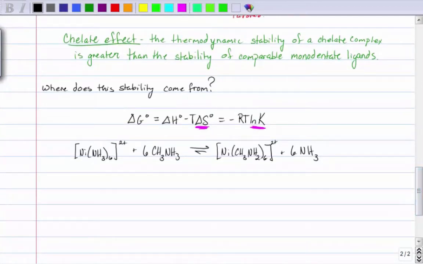How can you tell the entropy of either side? Do you remember? Did you ever do this? Yeah, exactly. The number of moles on either side. Or we could just look at it and say number of molecules. So here on this side, how many molecules do we have? 7. What about the other side? Still 7. So we can say that the entropy has not changed during this reaction. And this reaction is pretty close to 50-50 at equilibrium.